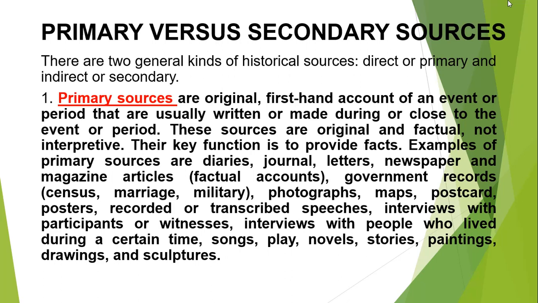Okay, let's discuss first primary source. Kaya nga tinawag siya na primary source kasi first hand. Okay, first hand. Original. Okay? So this is a first hand account of an event or a period that are usually written or made during or close to the event or period.